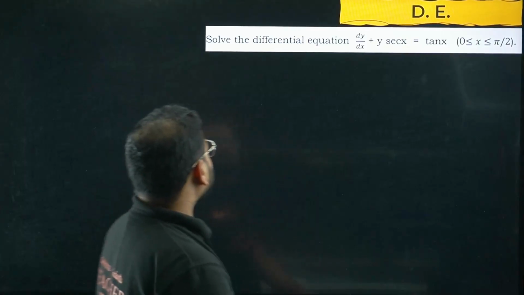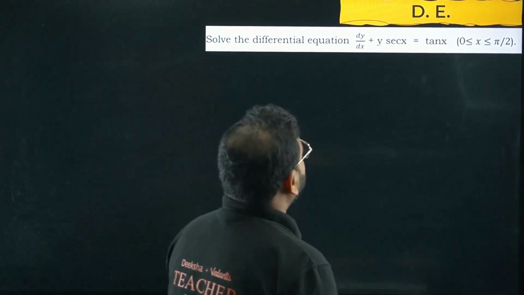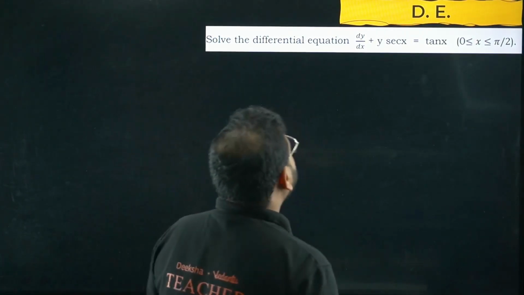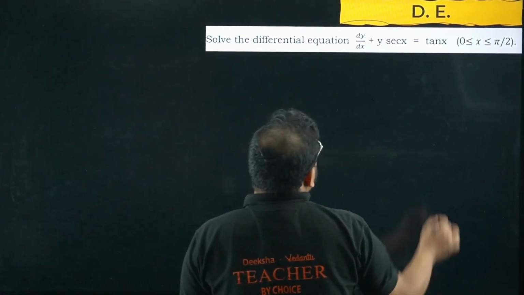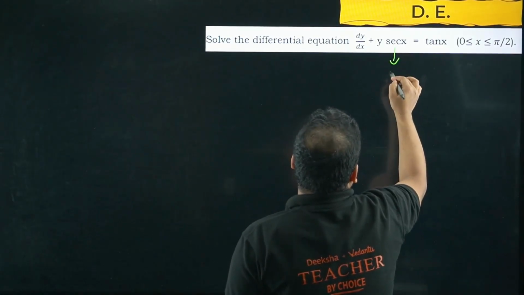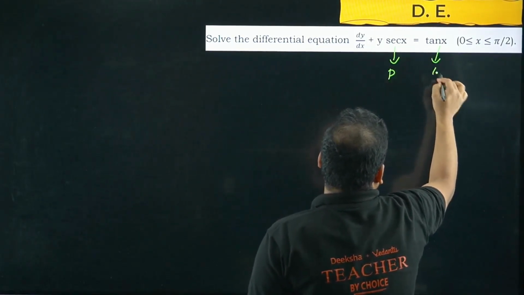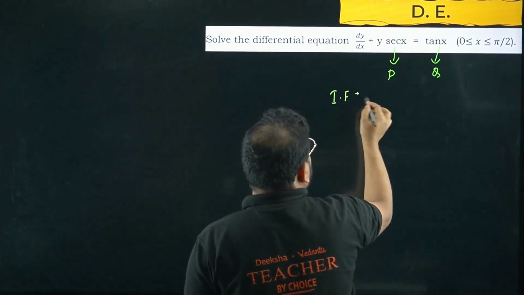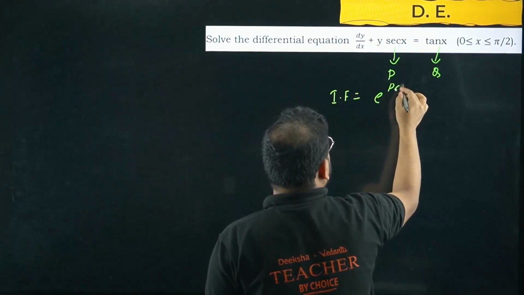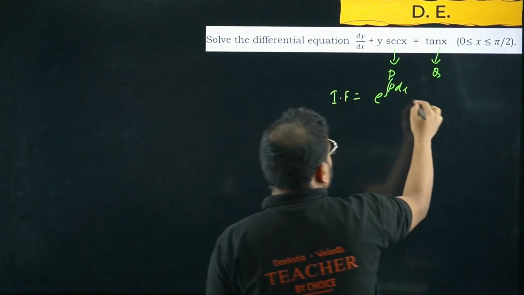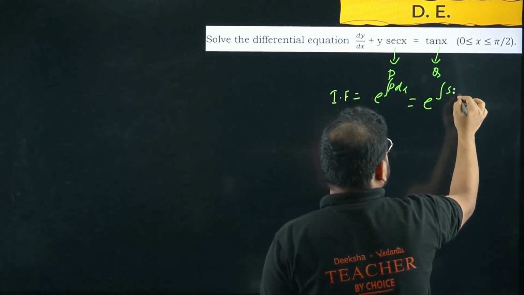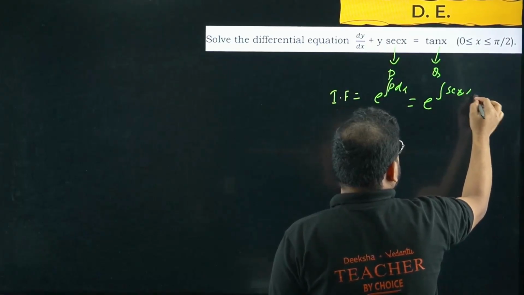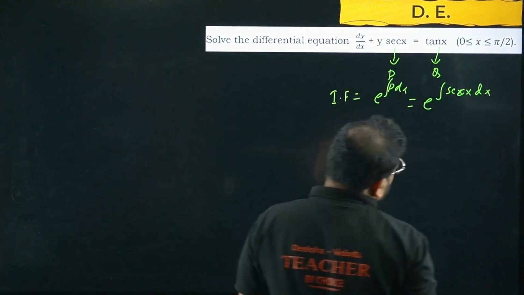Solve the differential equation dy by dx plus y sec x equals tan x. If you see this here, this is my value for P, and this is the value for Q. So if you integrate this to find the IF, I get e power integral of P dx, giving me e power integral of sec x dx.